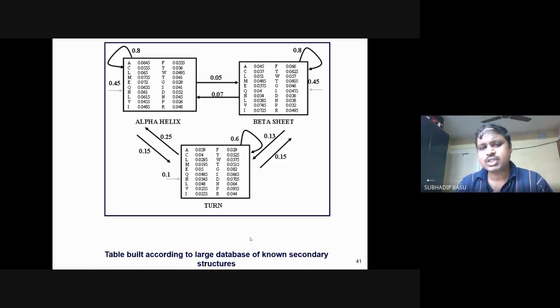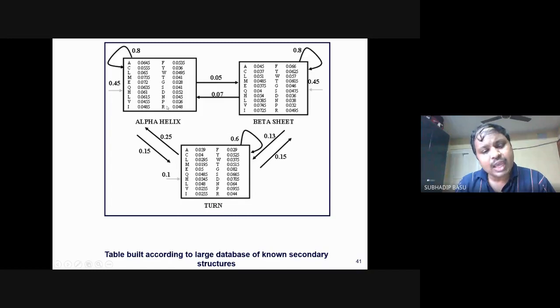So first thing was the number of states, which equals 3. Then we have a state transition probability. Then what do we need? We need the observations. What are the different observations? We have 20 amino acids, right?